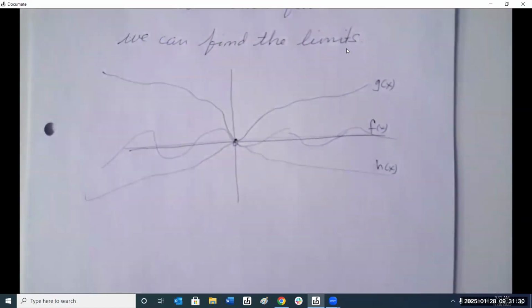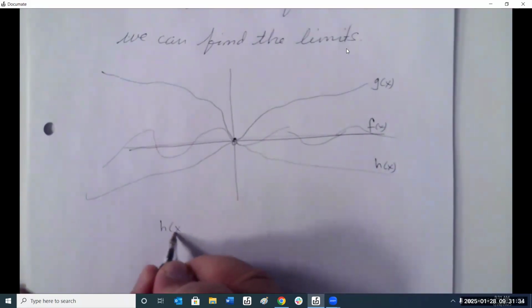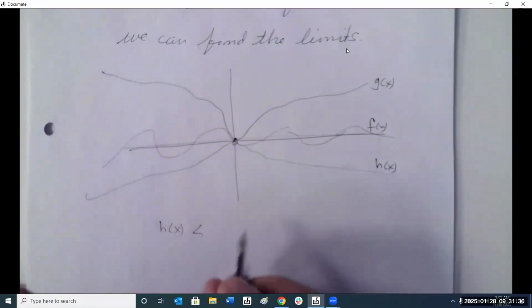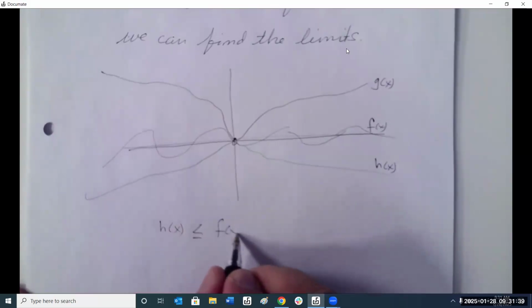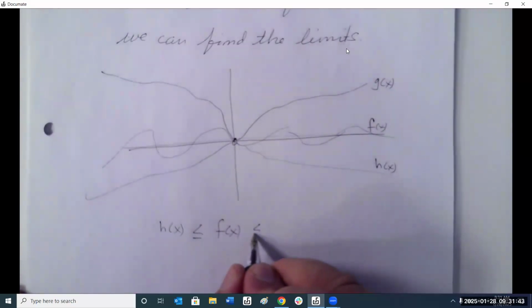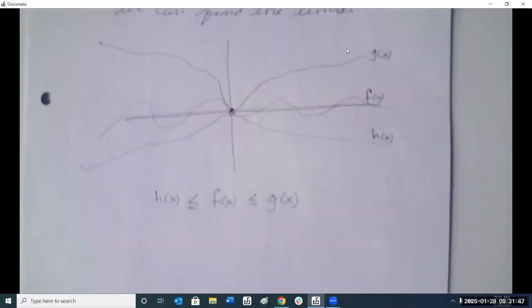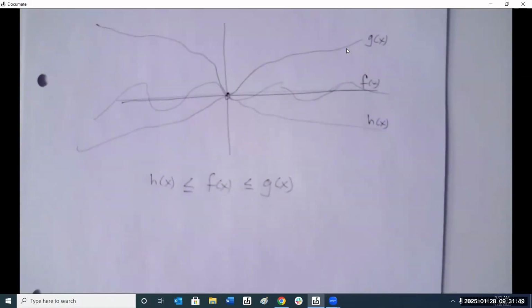Let's see how this thing works. We know that h of x is less than or equal to f of x because it's below it, and we also know that f of x is less than or equal to g of x. You see how they call it the sandwich? Because f of x is sandwiched between two other functions that we know the answers to.